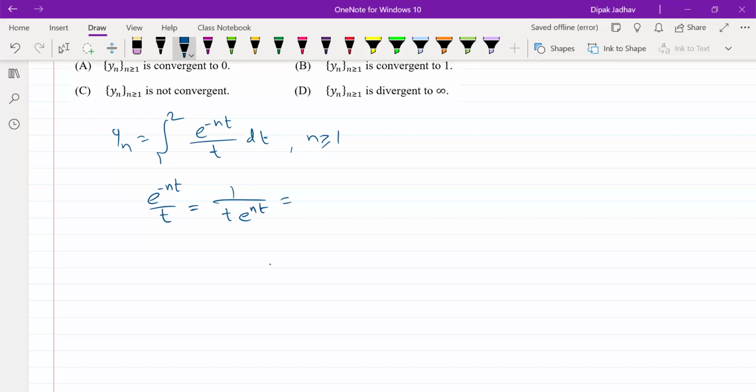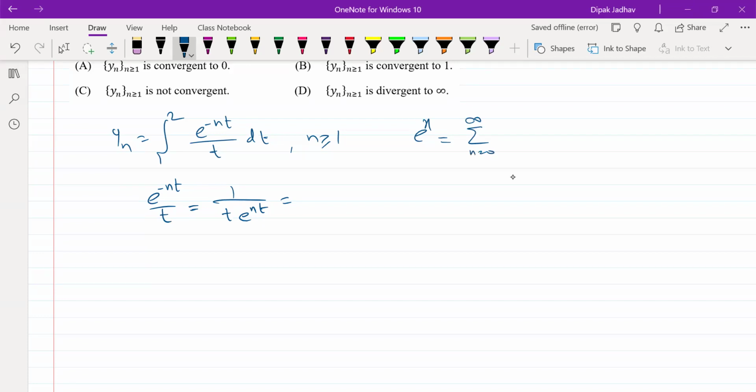Okay, so what can we do with this? Does anybody know the Taylor series expansion for e raised to x?